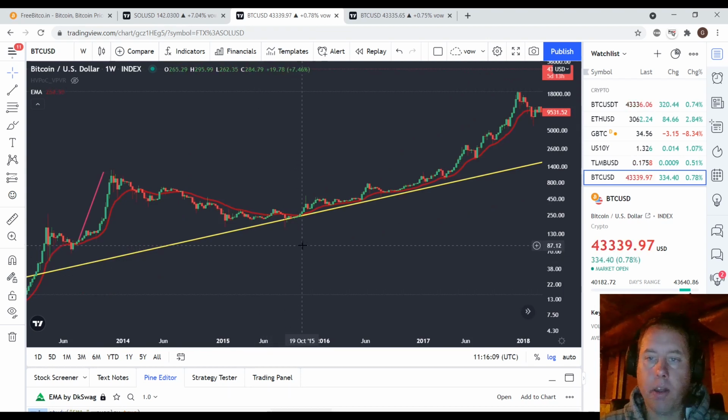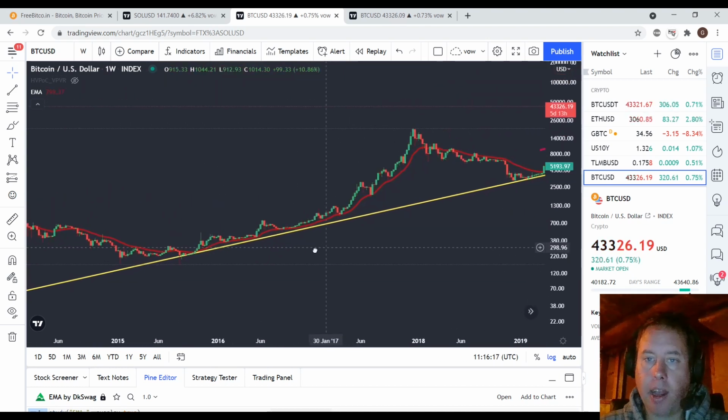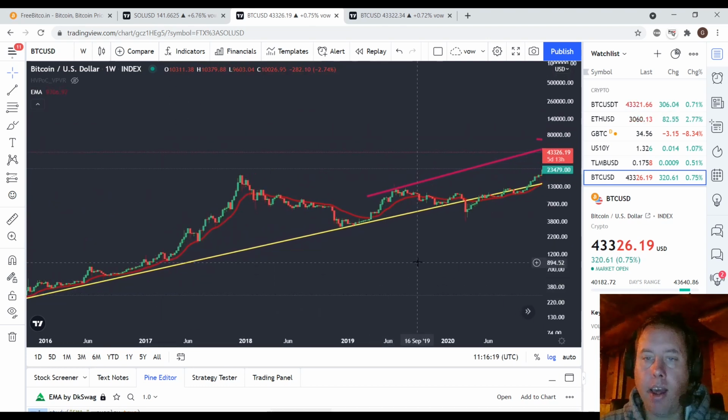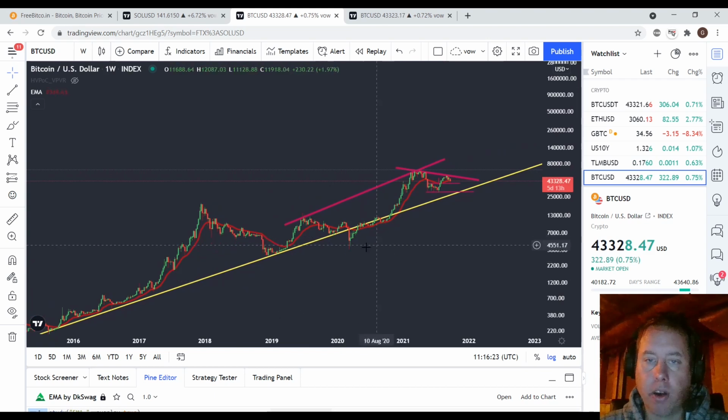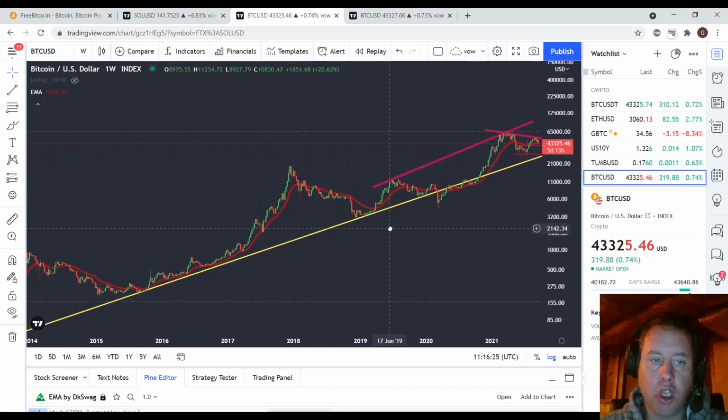And for all the people who are still crazy enough to be on the sidelines, I want to show you the yellow line. This is my line of when Bitcoin has been extremely cheap and when it's been a very good time to buy.